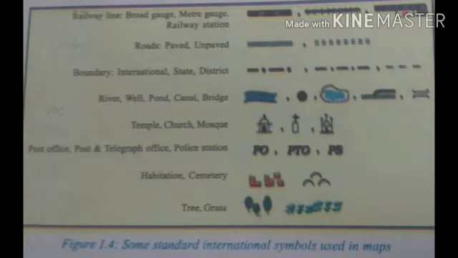The person who draws a map, means the cartographer, uses standard symbol and scale to depict various features in the map. This is to ensure that everyone who reads the map should understand it exactly what the cartographer wants to show.